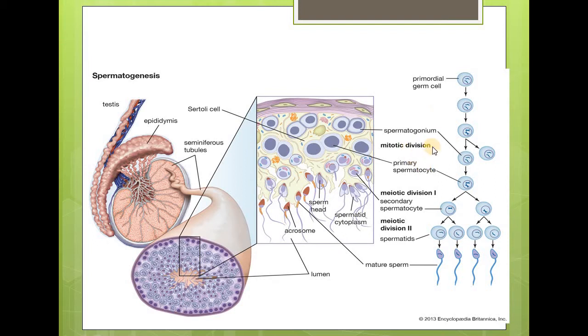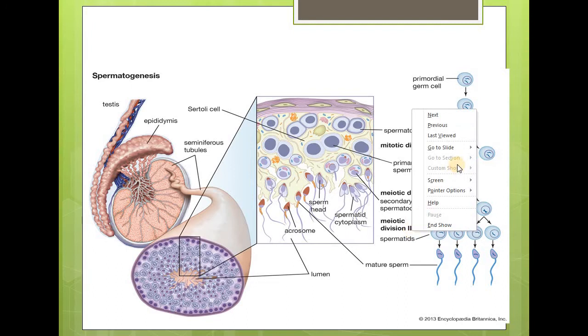Through mitotic division, the spermatogonium is converted into primary spermatocytes, through meiotic division 1 it is converted into secondary spermatocytes, and through meiotic division 2 it is converted into spermatids, and through the process of spermiogenesis the spermatid is converted into mature sperms. This is the actual process involved in spermatogenesis.